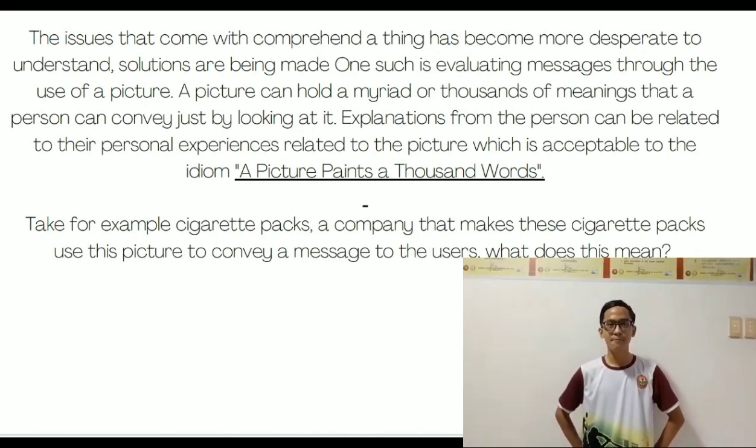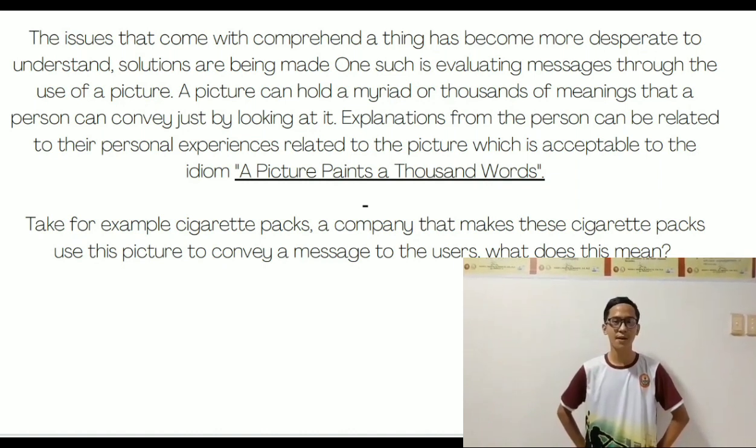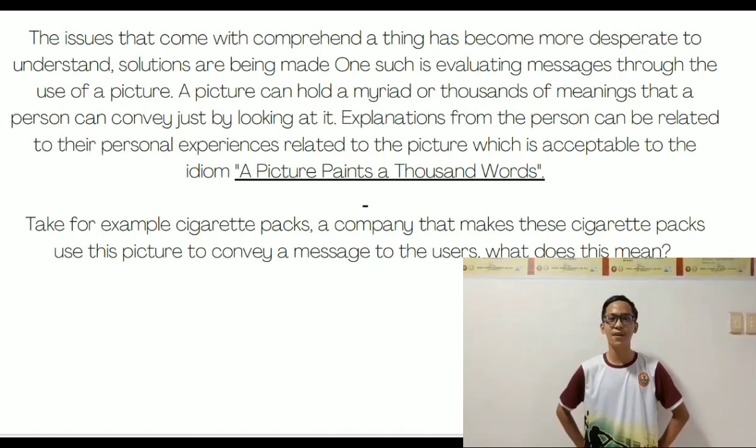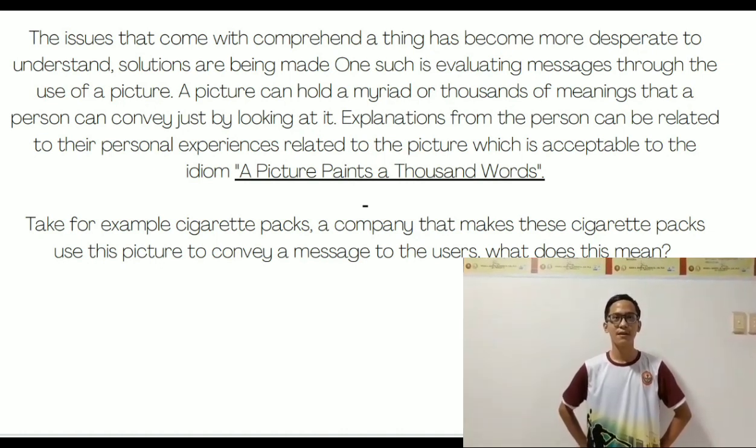So basically, pictures give a visual representation of the idea, while regular descriptions rely on language and the mental image of the audience. For example, a cigarette company wants to convey a message that smoking too much can cause harm to their audience or customers.